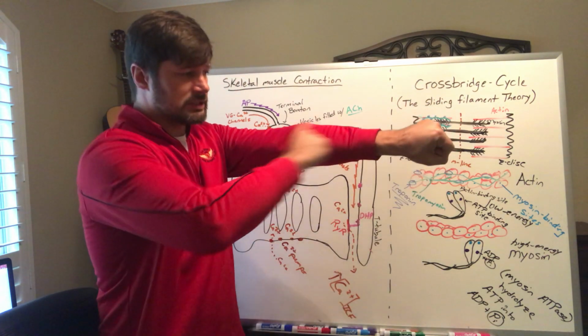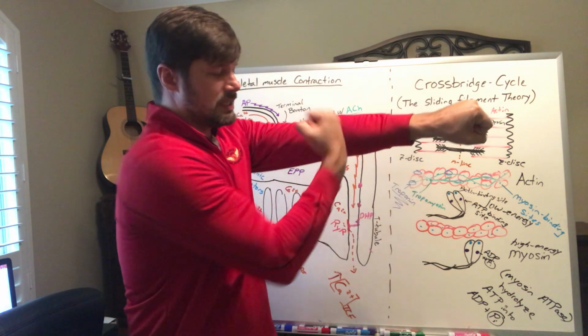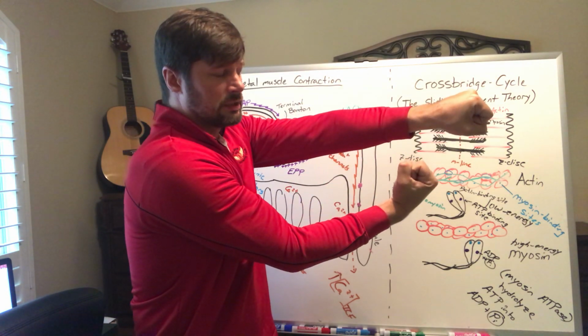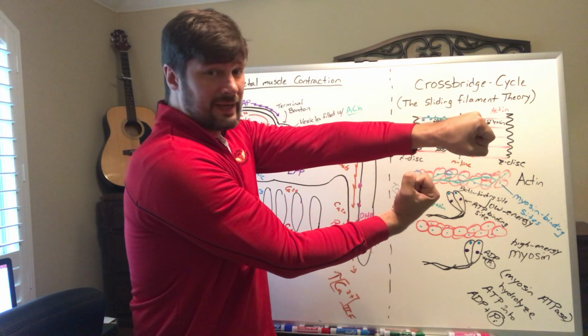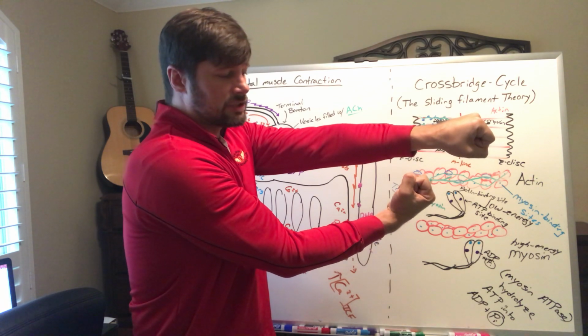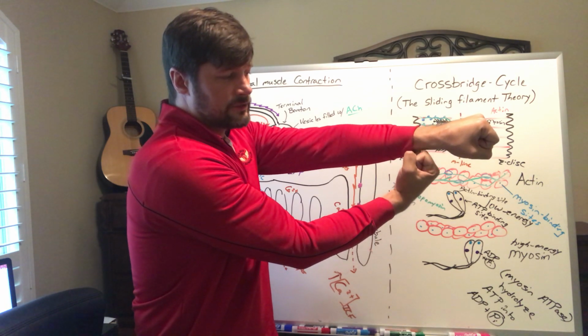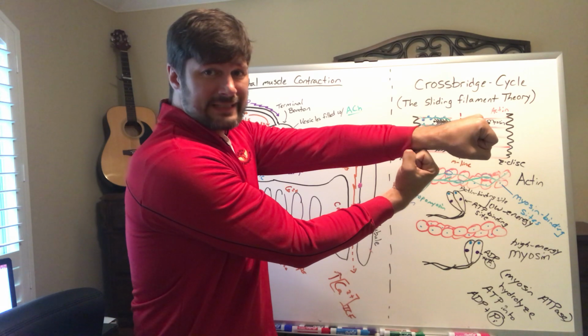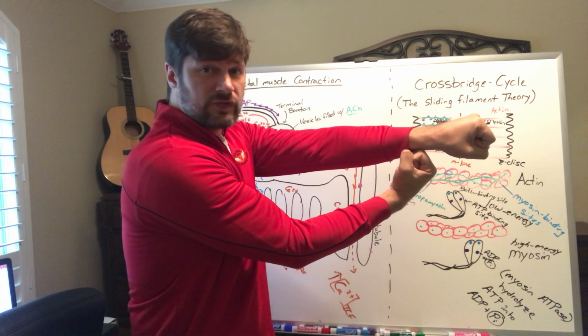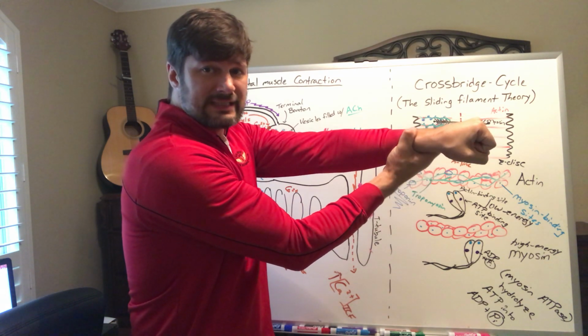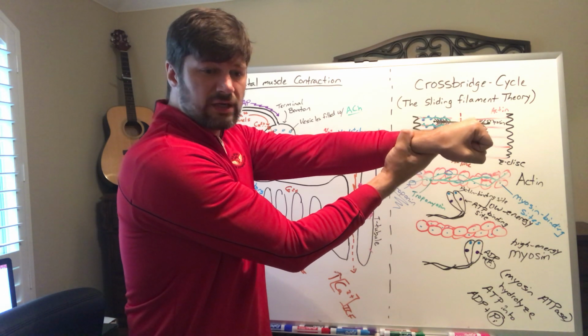Alright, so imagine this is actin right here, this is a myosin head. I go into the cocked state, and as long as the actin and myosin binding sites recognize each other, then the myosin head goes up and binds to that site. Then the inorganic phosphate falls off, and that myosin head grabs on even tighter.